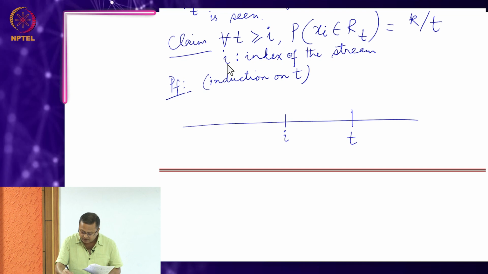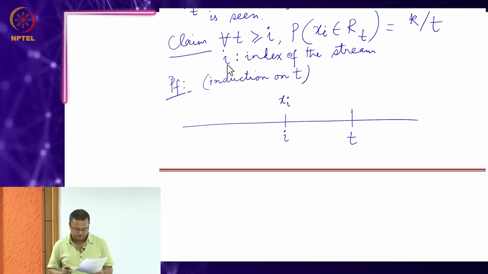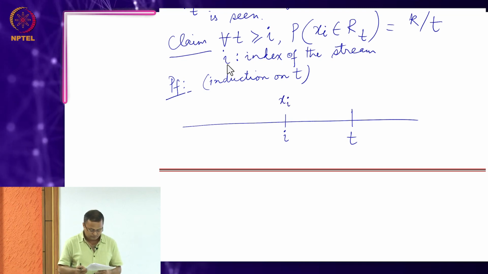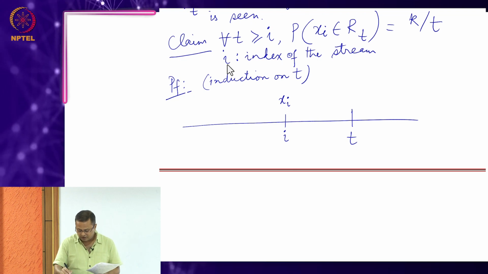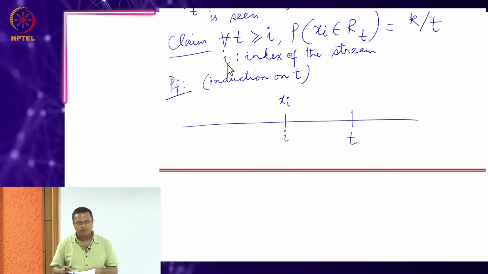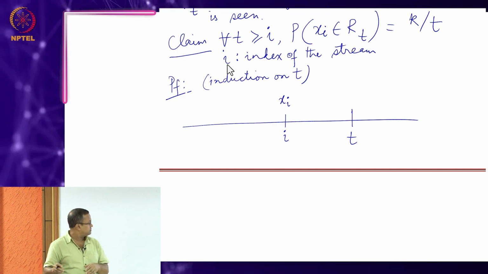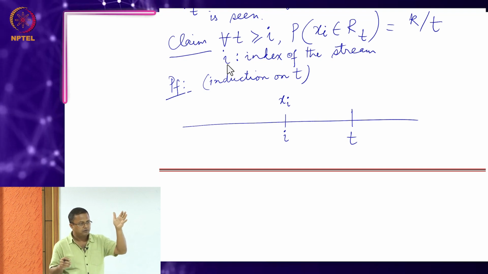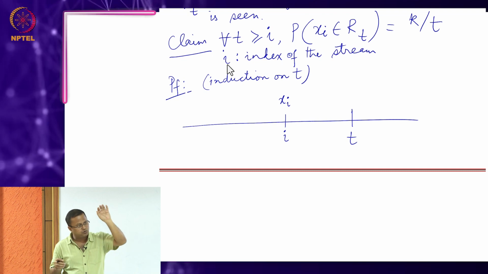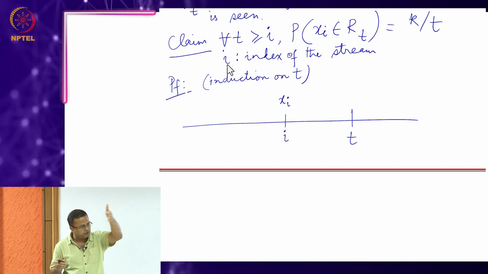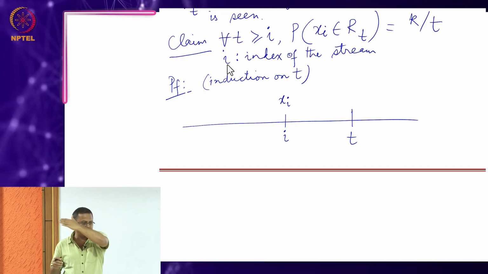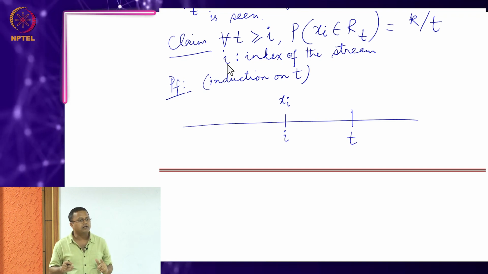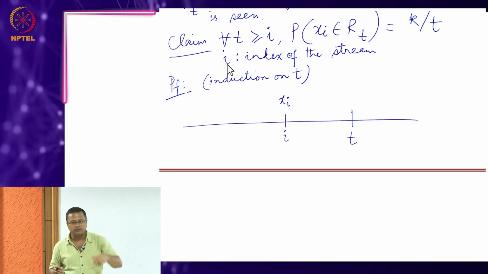So, at your ith step the element is xi. Now, mind you, the algorithm starts by first putting the first k elements into the reservoir and then it works, right. So, I will do it for the entire thing. So, i runs from the beginning to t.